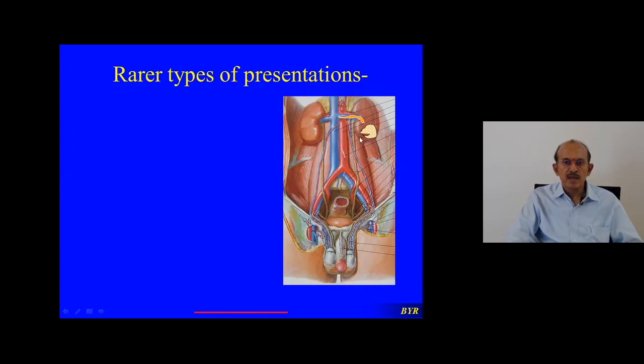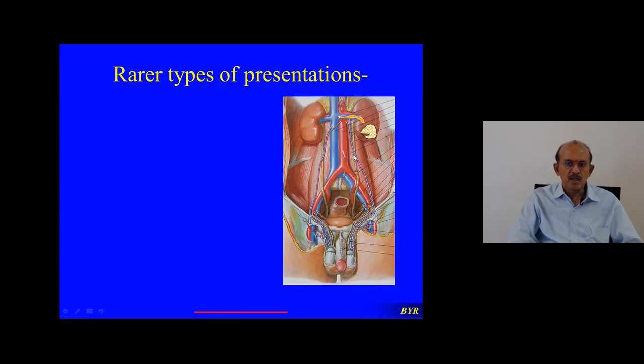Sometimes what happens with a left renal tumor, a left renal carcinoma, as I said already, it can produce tumor thrombus in the renal vein. So the renal vein may be blocked by the tumor thrombus. The left renal vein receives one important structure, that is the testicular vein. The left testis drains by the pampiniform plexus, which becomes the testicular vein.